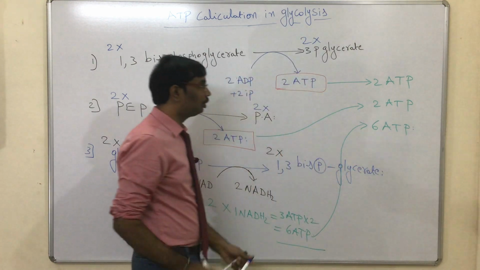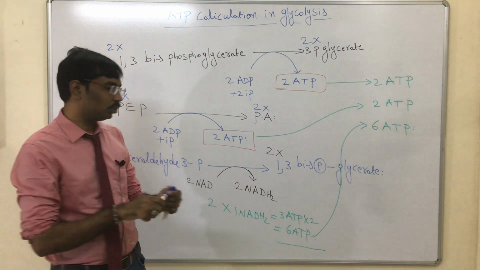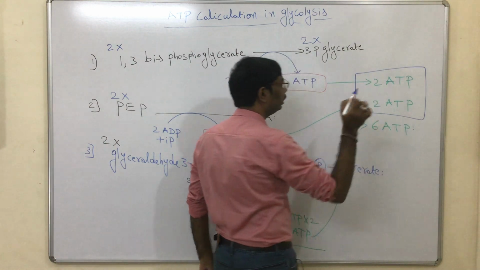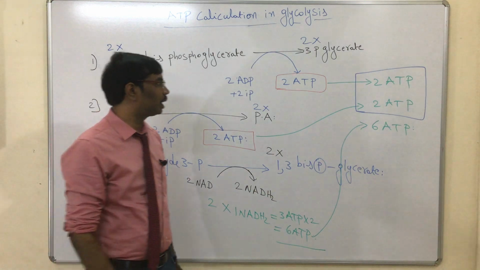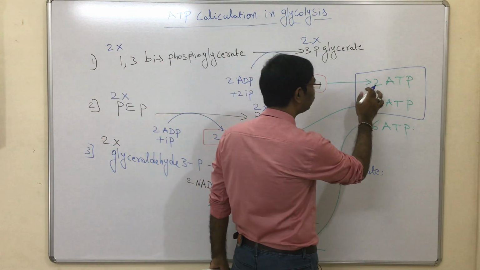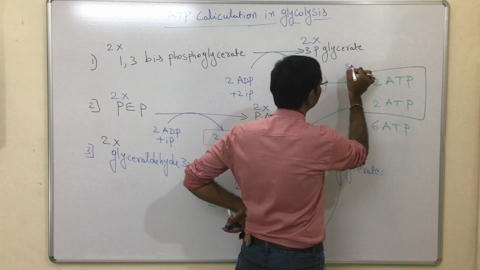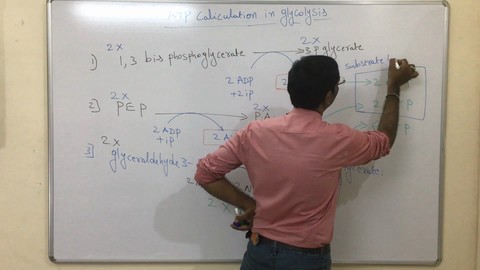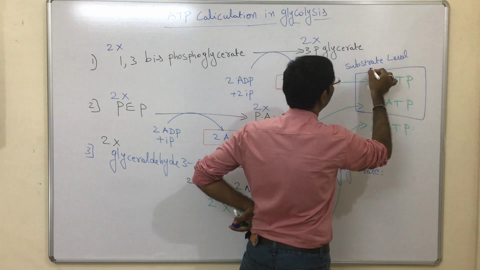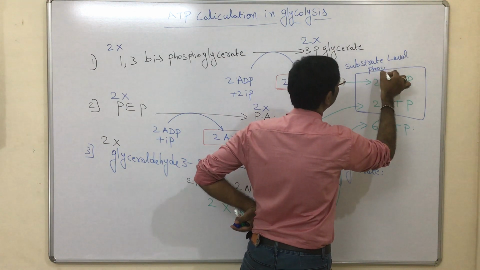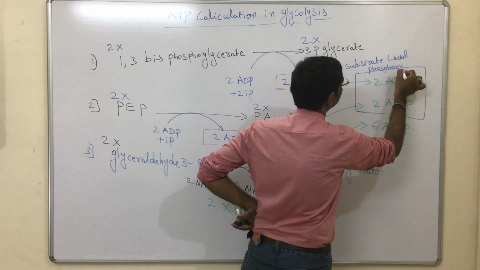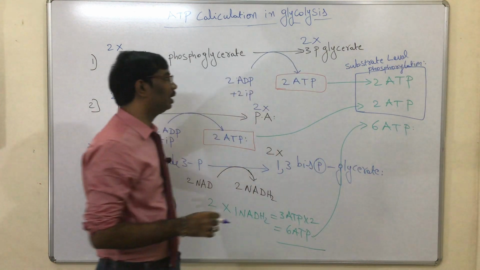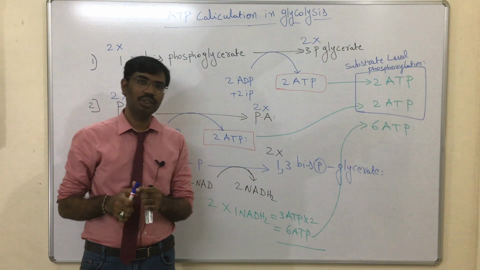The first 4 ATPs are synthesized directly in glycolysis, so this ATP synthesis is called substrate level phosphorylation. What is the meaning of phosphorylation?